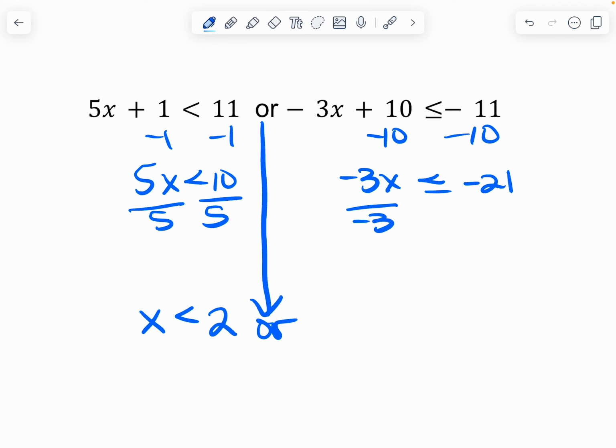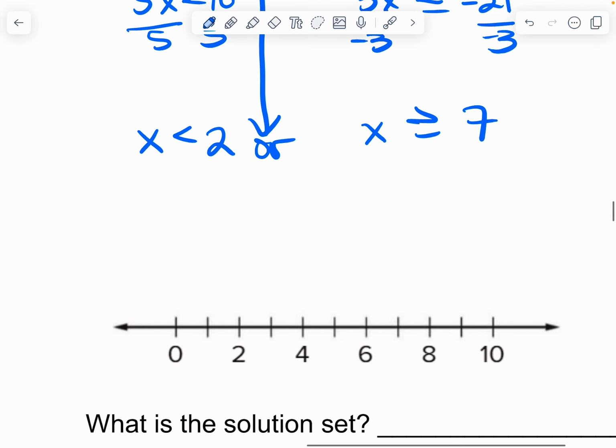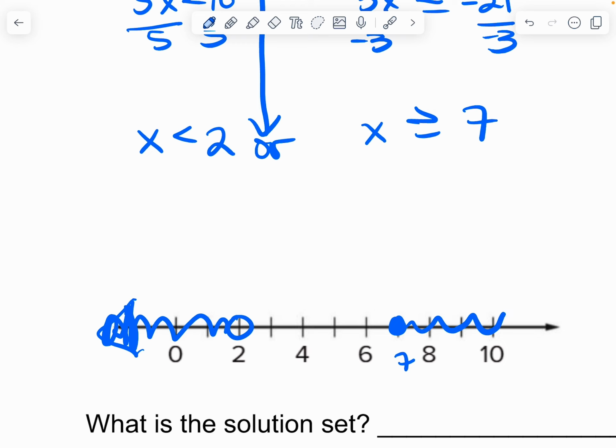Divide by negative 3, so that's going to switch my inequality and have a positive 7. So 2, open dot, and it's all the stuff less than. And then I go to 7, and it's a closed dot, and it's all the stuff above it.